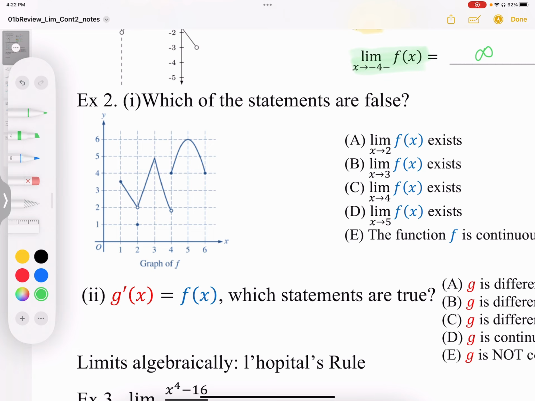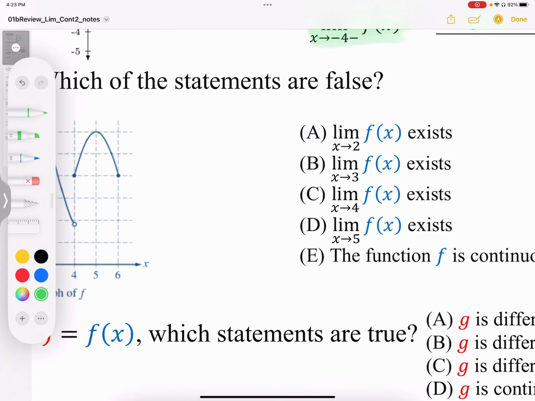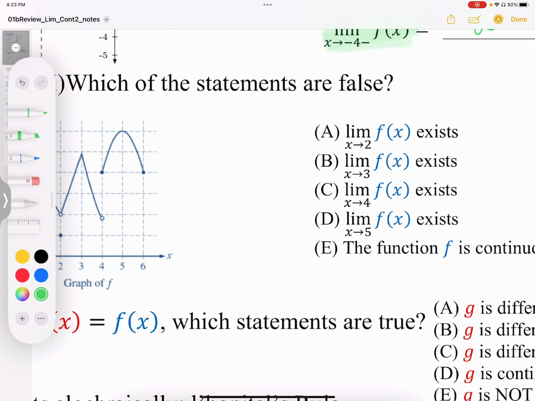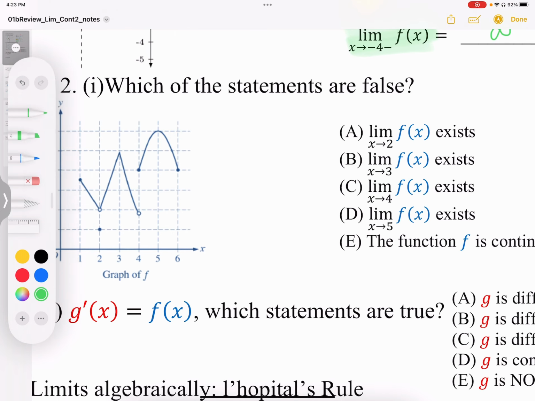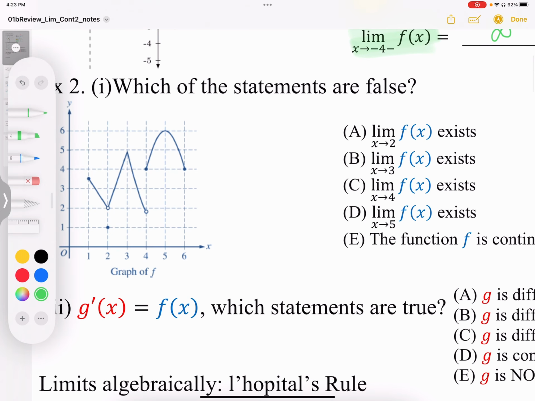Looking at statement A, in blue here, we're looking at as x approaches 2, and it's a two-sided limit. Does the limit exist? Approaching 2 from this side and from this side, it looks like it's going to the same point, although the point is not the same as what the limit is. The limit looks like it's equal to 2. That does exist, so that is not a false statement.